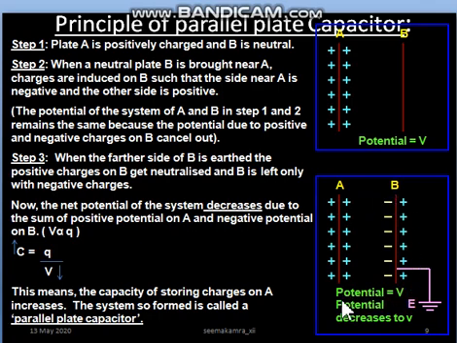and how its capacitance value is achieved greater, that can be seen with the help of the potential. Earlier the potential at B location was V. Now the potential at B location is decreased because of negative charges which are induced just now at B. So since the potential value has decreased, and by the formula of capacitance C equal to Q by V, as voltage value decreases, then capacitance increases.